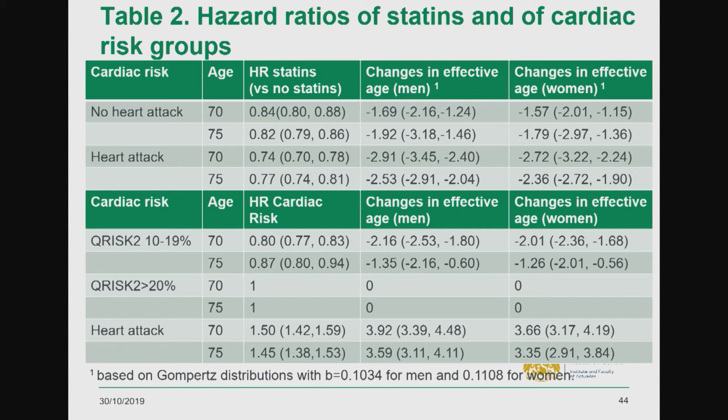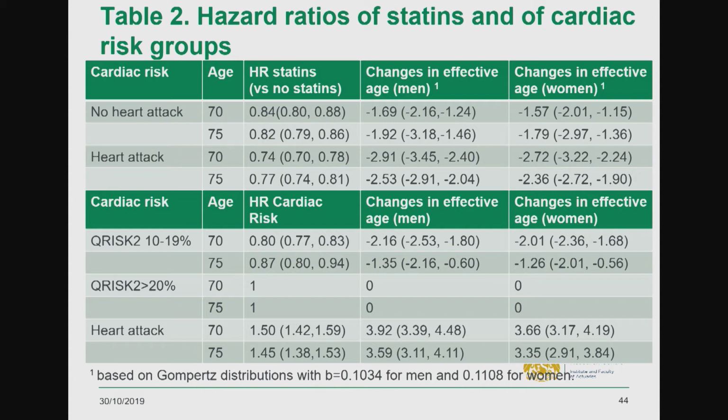So comparing low risk group to moderate risk group, you can see that hazards are lower and they translate to 1.5 to 2 years, 2 years at 70, 1.3, 1 year at about age 75.